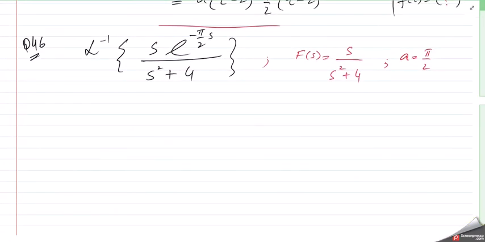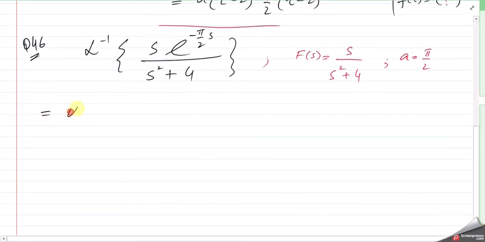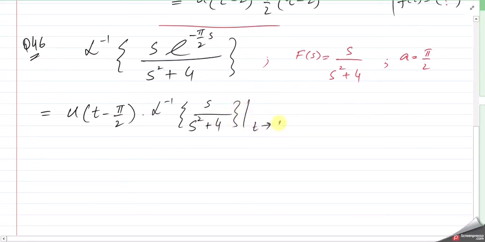Now we just copy the formula in here, which gives u(t minus a), that means pi by 2, into Laplace inverse of f of s, which is s over s square plus 4. But then we have to shift t to t minus a, which is t minus pi by 2.